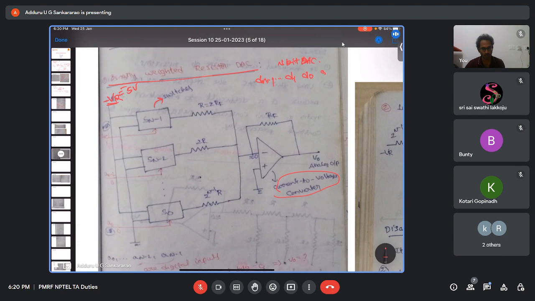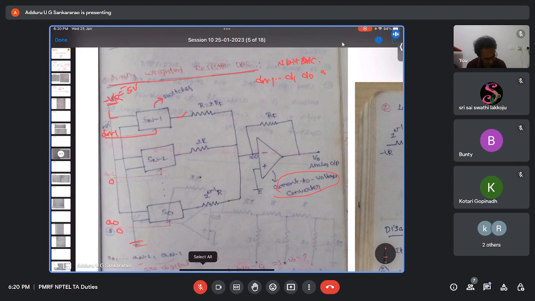Based on whether the input bit is 1 or 0, the switch will connect the resistor either to minus VR or to ground. If the particular bit is 0, it is connected to ground. If the bit is 1, it is connected to the high reference voltage.